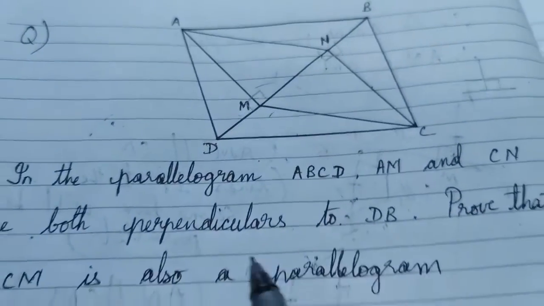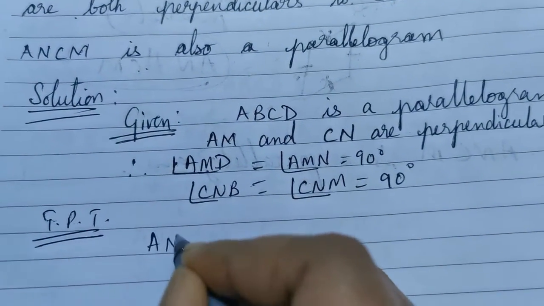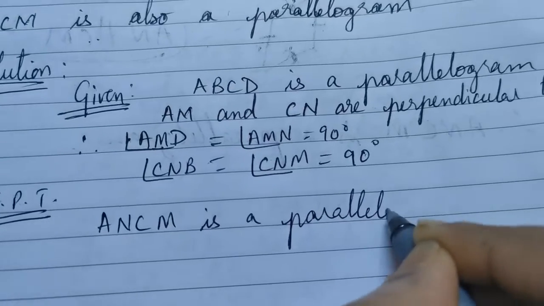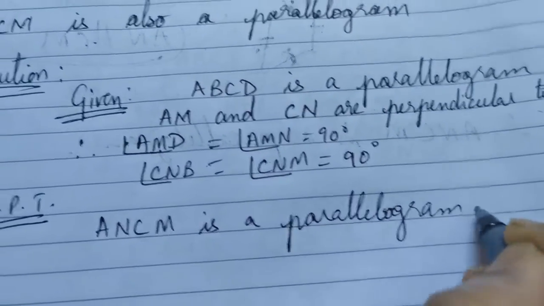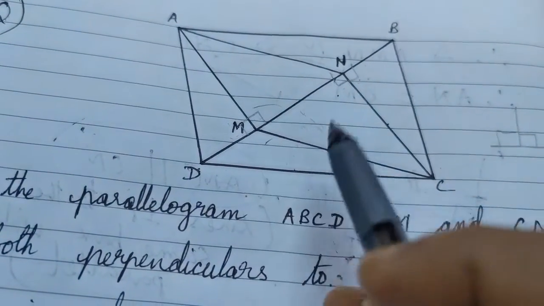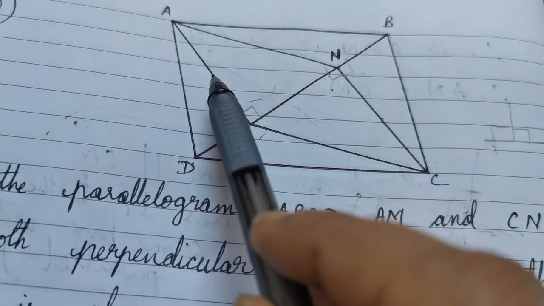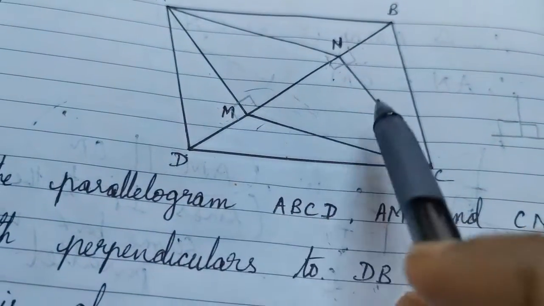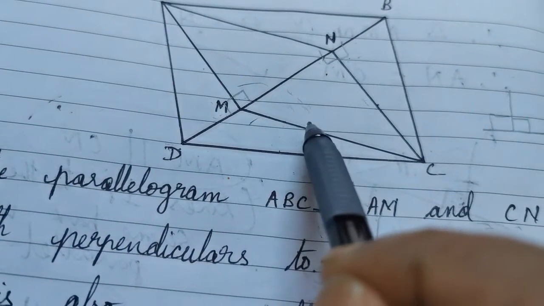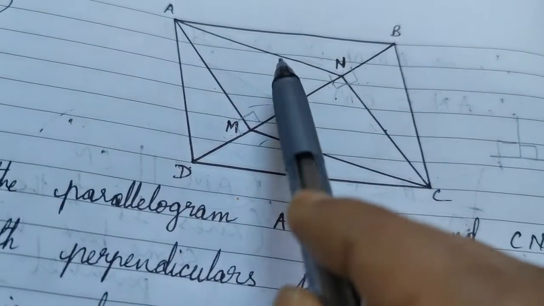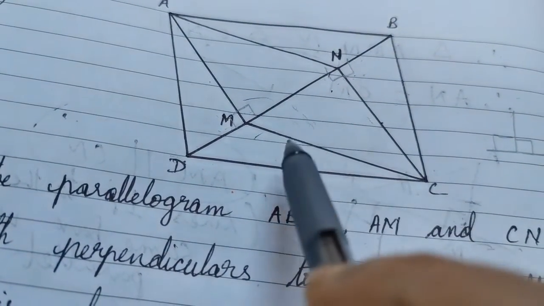Now we are supposed to prove ANCM is a parallelogram. To prove ANCM is a parallelogram, I can prove the opposite sides are parallel and equal. If I prove this particular property of a parallelogram, I can conclude that ANCM is a parallelogram. So my aim now is to prove that the opposite sides are equal and parallel.